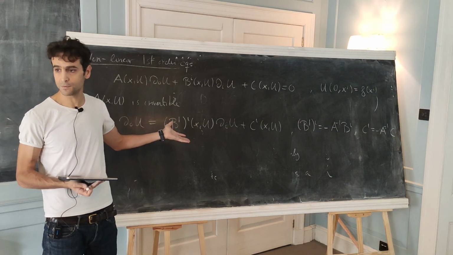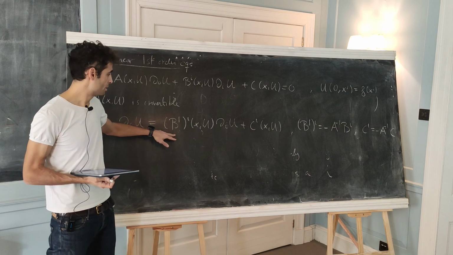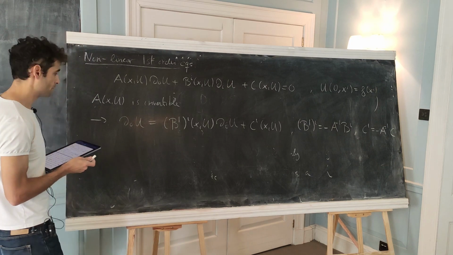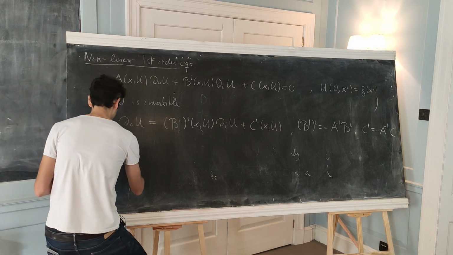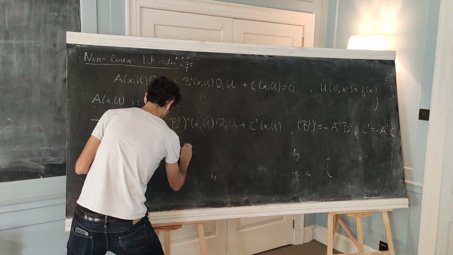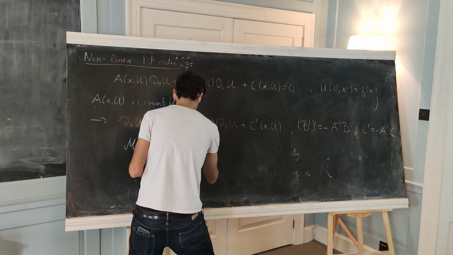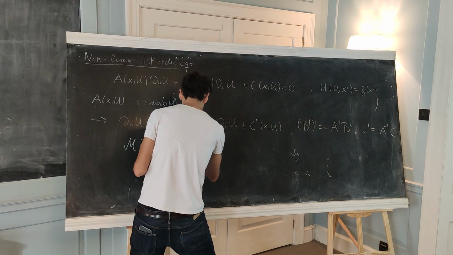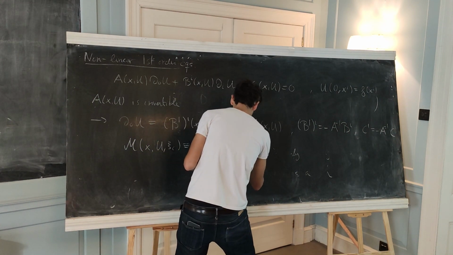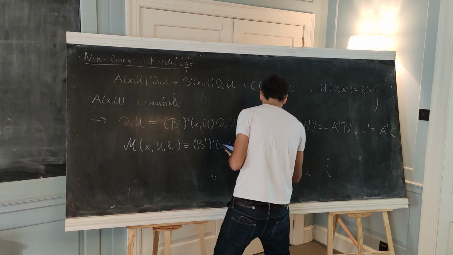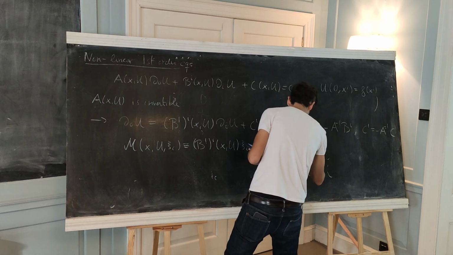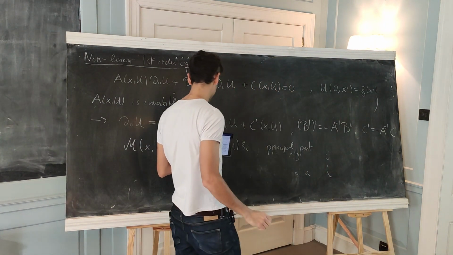In this case, they're only first derivatives, so the principal part would just be this term multiplied by the wave number. So the principal part is B prime, that's the principal part.